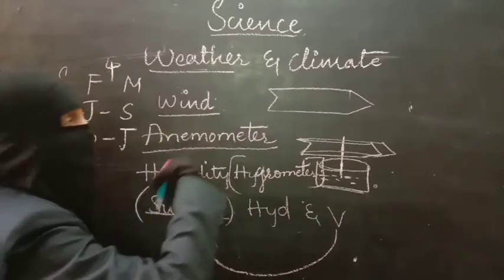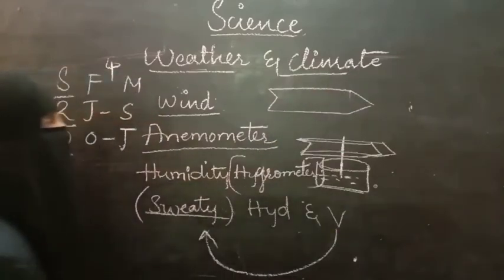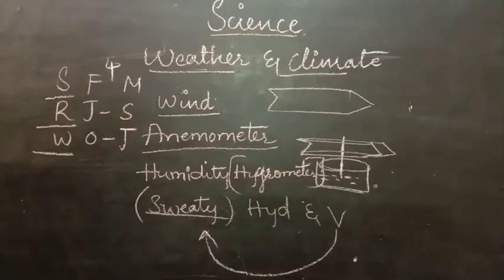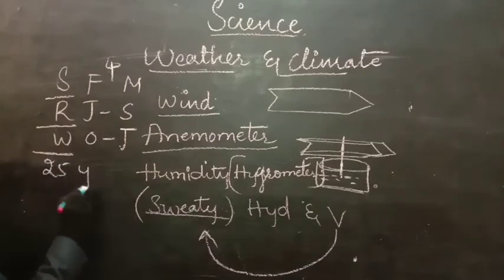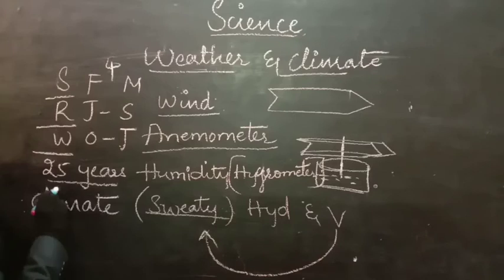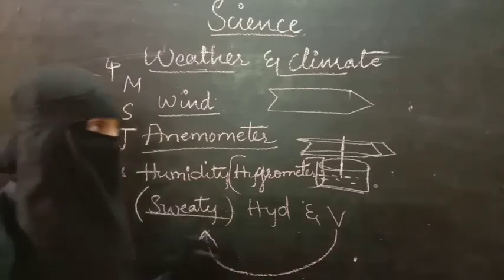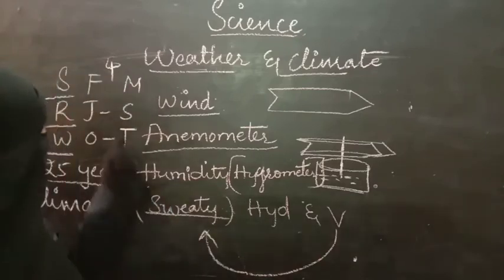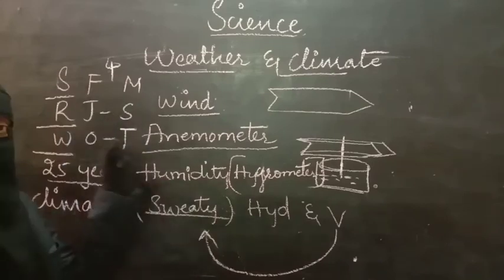Now the other part of the lesson is climate. If the same weather pattern has been followed for 25 years, then it is considered as the climate of a place. For example, if we take our India, here we will be having this kind of weather, right?